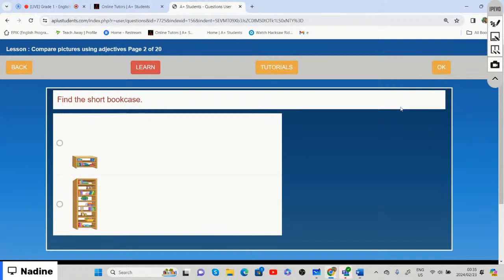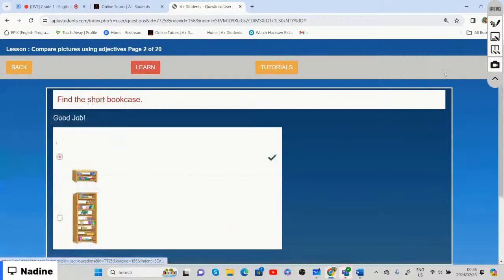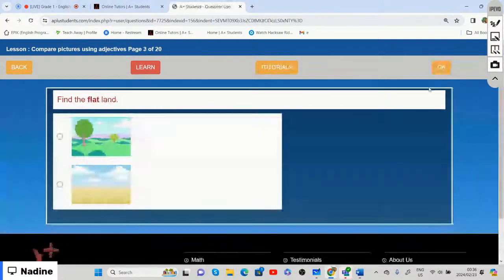If we identify the short bookcase, we'll find it is the first one. So if we are describing this bookcase, we would say it is short. So short is our adjective, just like red was our adjective for the book. Well done, guys. The first one is correct, and our adjective is short because it tells us what kind of bookcase.